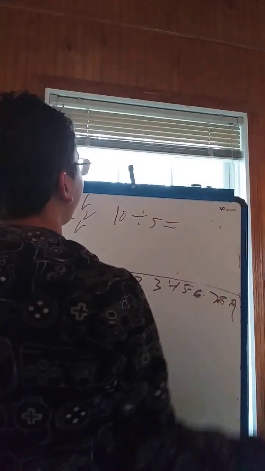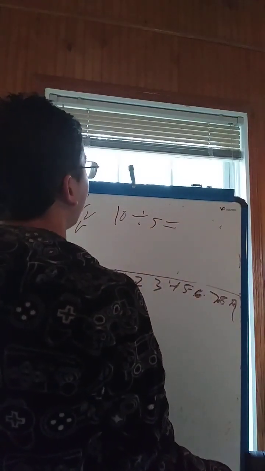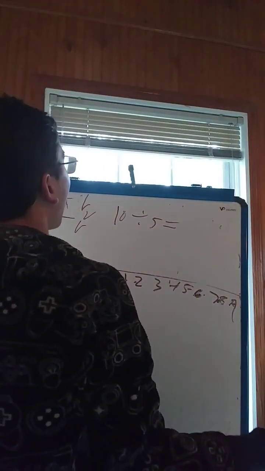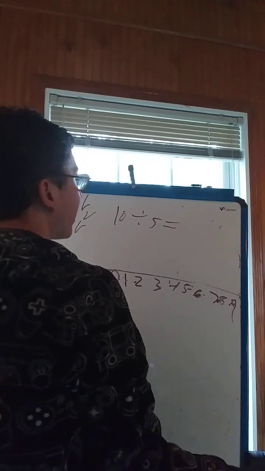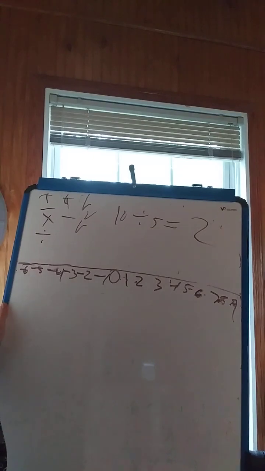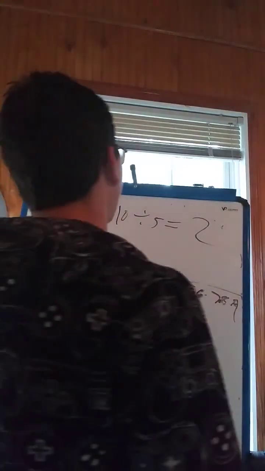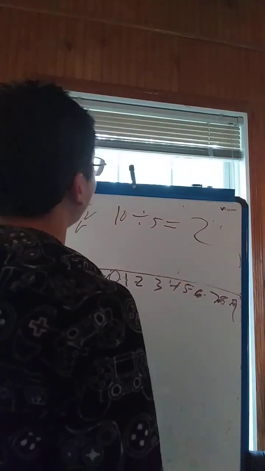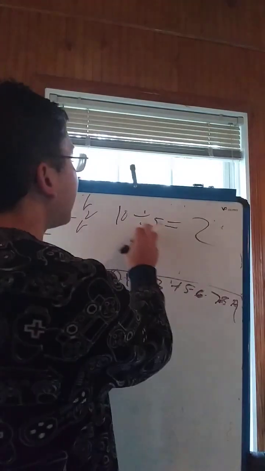Well, 10 divided by 5, if you think about 5 times what equals 10 in multiplication, obviously that'd be 2. The answer will be like a regular problem. But again, that rule still applies. Both of these signs are positive.